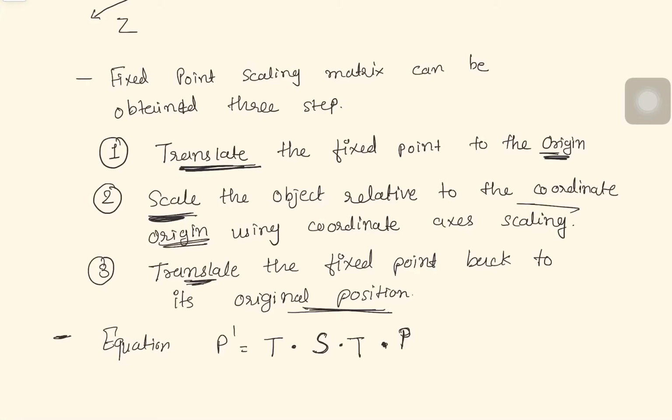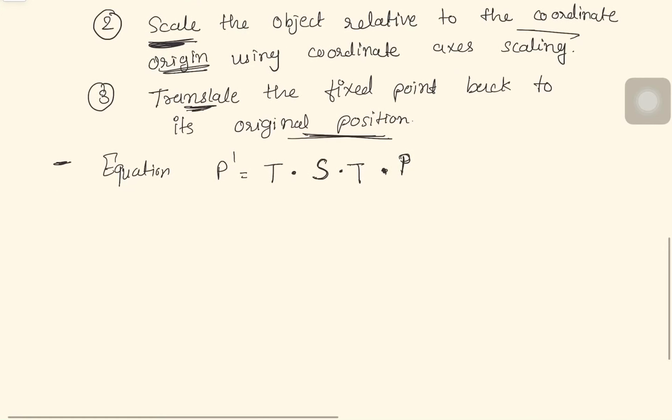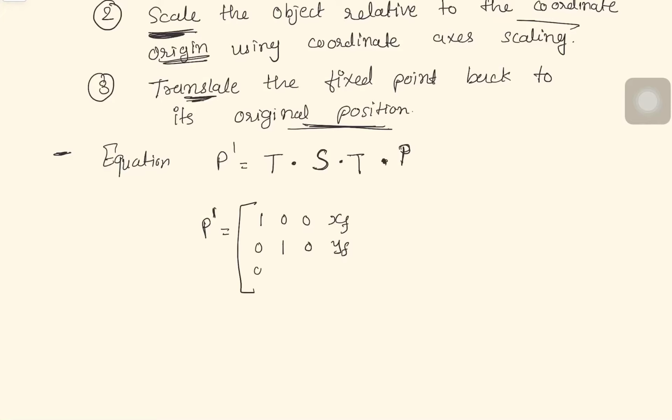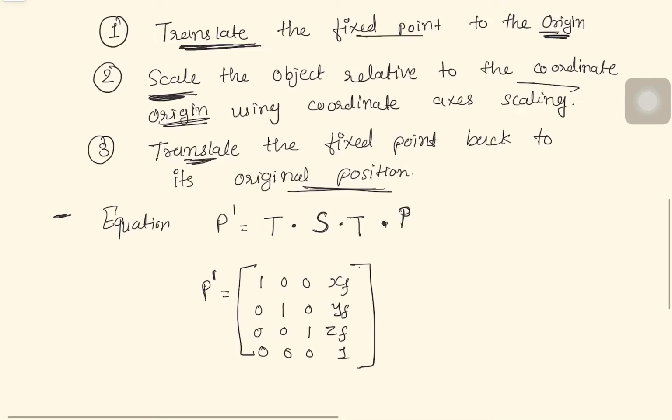So we know that our value of T is 1 0 0 minus xf, 0 1 0 minus yf, 0 0 1 minus zf, and 0 0 0 1. This is our first T. Translate the fixed point to the origin, right?